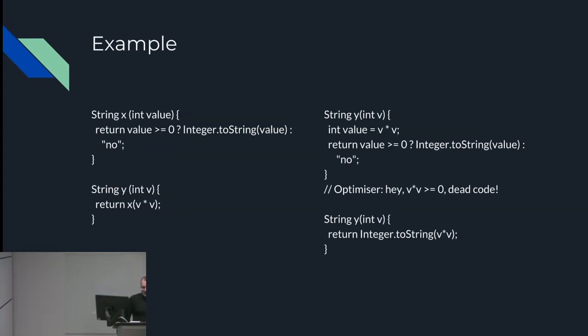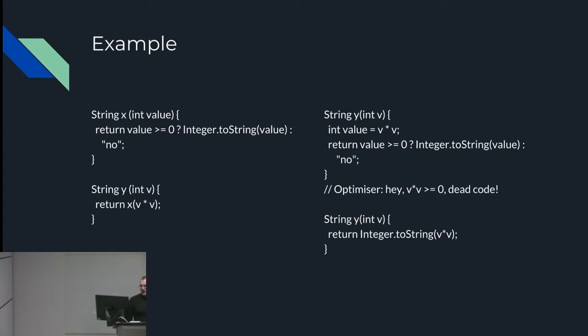So as an example, this is not actually how Hotspot works, but conceptually, say we have a method x that checks whether a value is greater than or equal to 0. If it does, it converts it to a string. Otherwise, it says no. And I have a function called y that calls x with an int argument times itself. It will get inlined so that it is now doing both of those things at once.